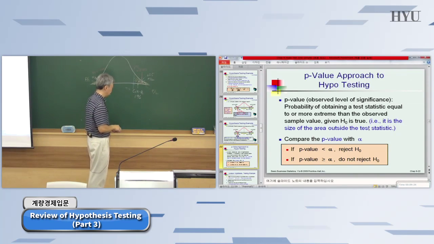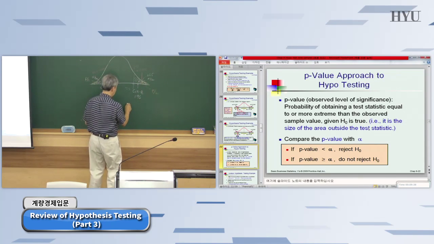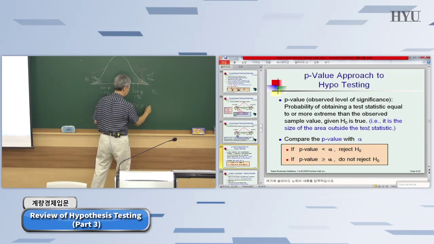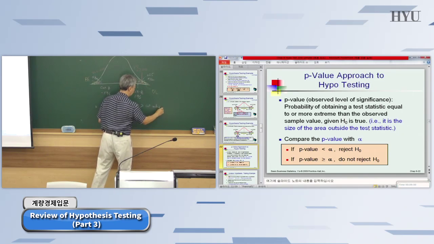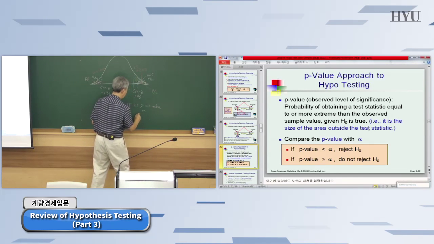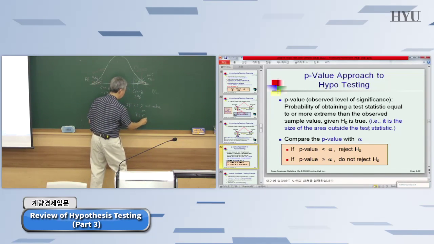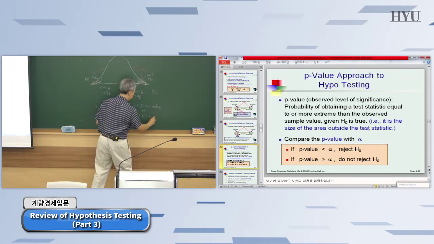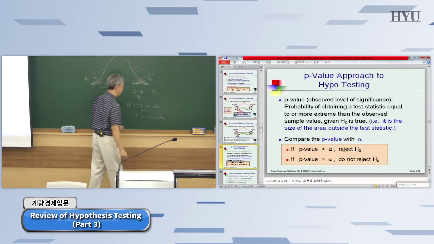So in a two-tailed test, if the test statistic was greater than the critical value, or the test statistic was less than the negative critical value, right?